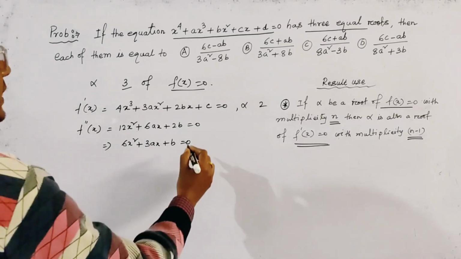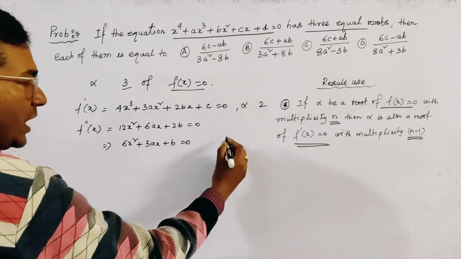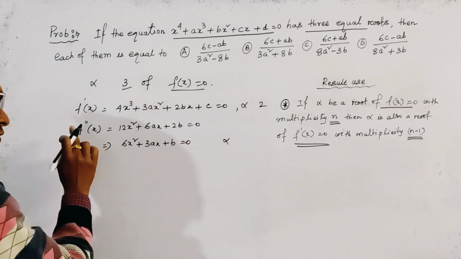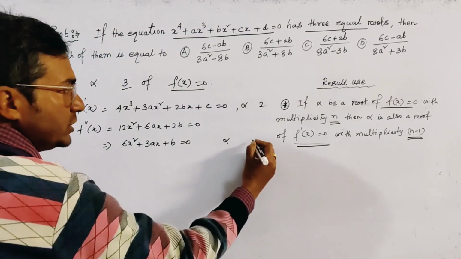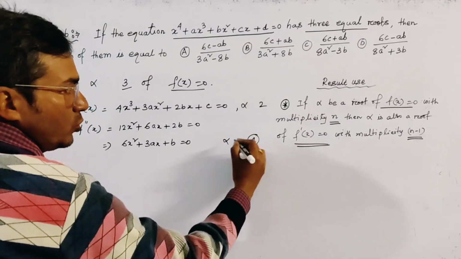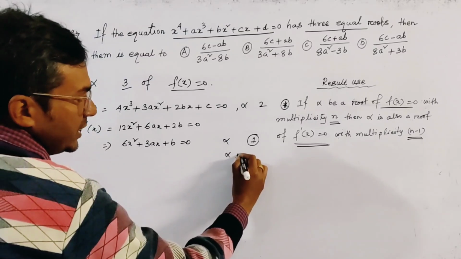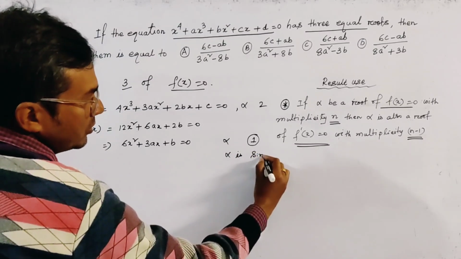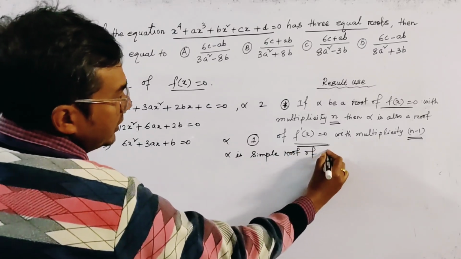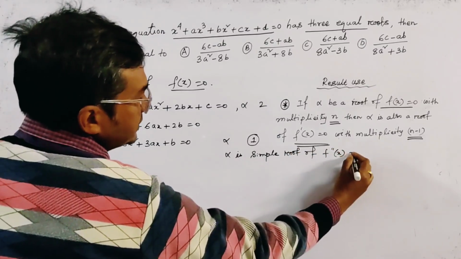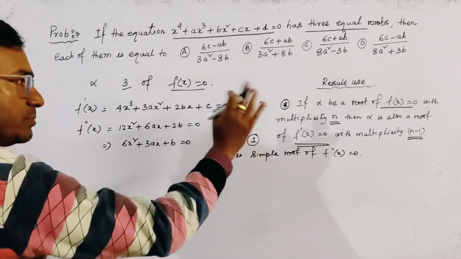Clearly alpha is also a root of f double dash x equal to 0 with multiplicity 1, that is, alpha is a simple root of f double dash x equal to 0, using the same property.